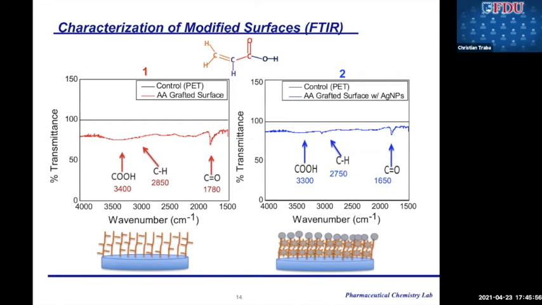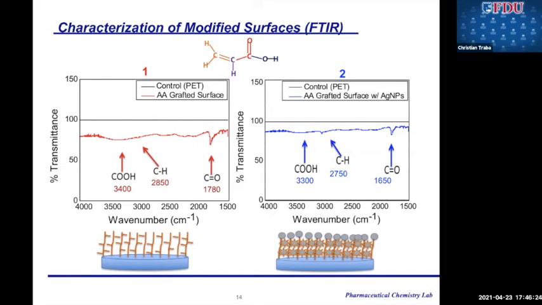Also, the carbon-hydrogen peaks shifted from 1850 to 1750. And the reason becomes why? Well, the reason is because the silver nanoparticles are immobilized onto the surface, and this interferes with the chemical composition. It's more of a tweak of our acrylic acid surfaces.